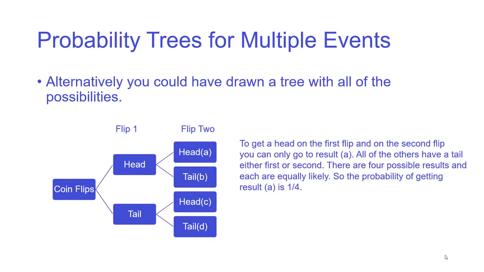But if I draw it up as a probability tree, this is what it looks like. So you've got your flip of your coin. So you go half probability going to head, half probability going to tail. Then for the second flip, you've got head A, tail B, head C, tail D. So the result that I want is a head followed by head, which is the path that leads to A. All of the other pathways don't lead to A. So then it's one out of those 4 possible pathways, so the probability of getting head followed by head is 1/4.